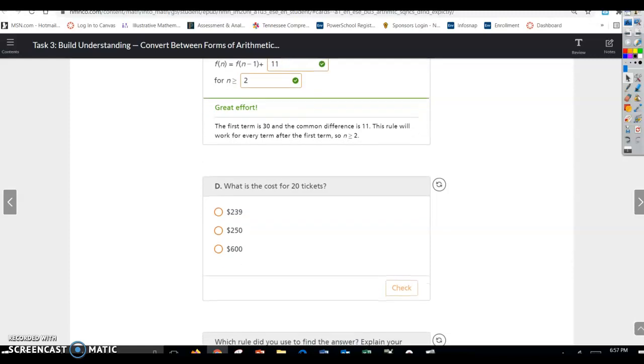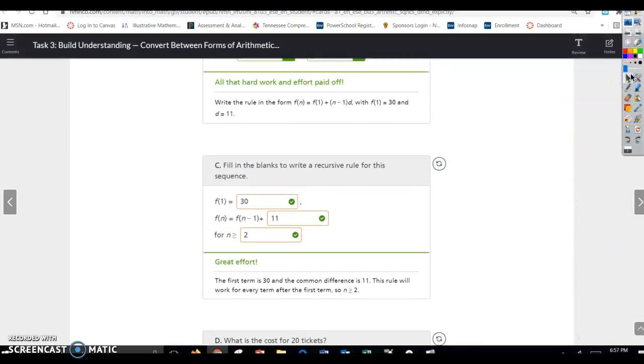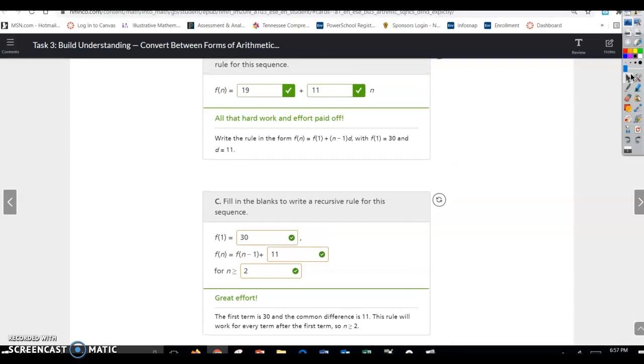All right, it says, what is the cost of 20 tickets? All right, so let's look at the cost of 20 tickets. I'm going to say my rule is f of n equals 19 plus 11n.